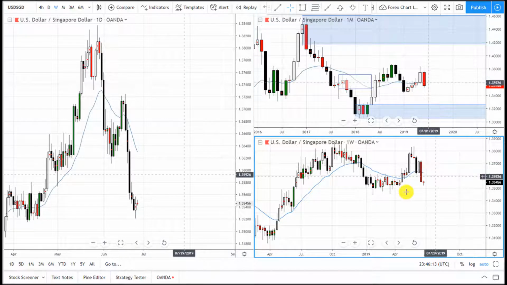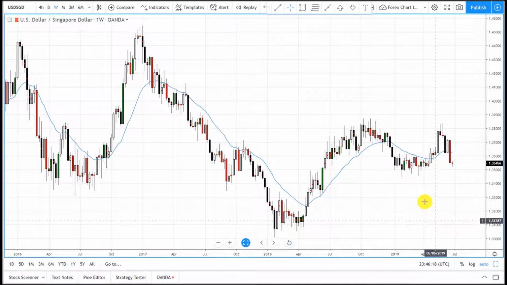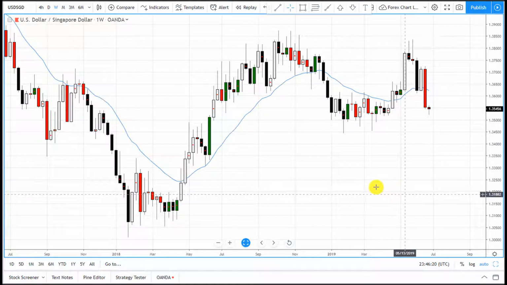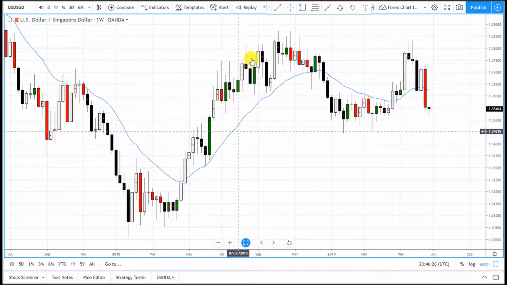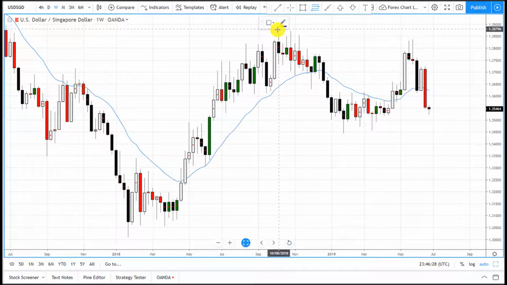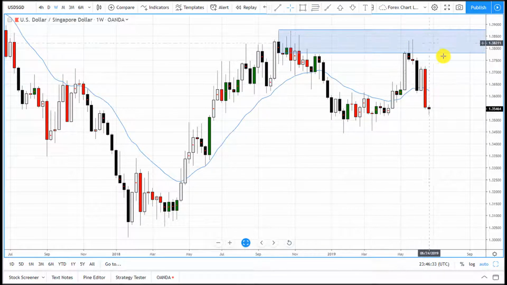And on the weekly, same thing. Let's make it bigger. So all this price action is really bad, but we see that there is a supply zone formed here. It's really weak, but it's able to keep price lower.